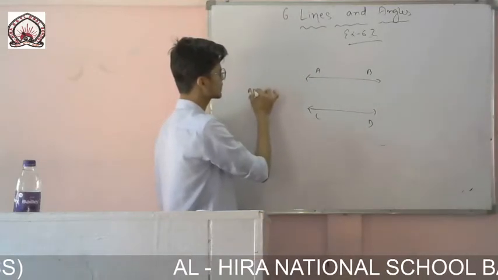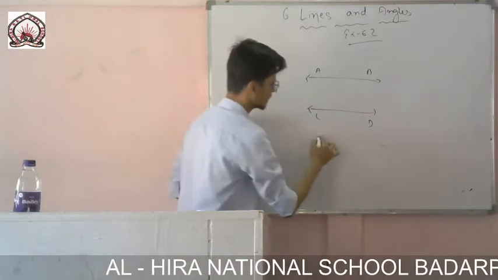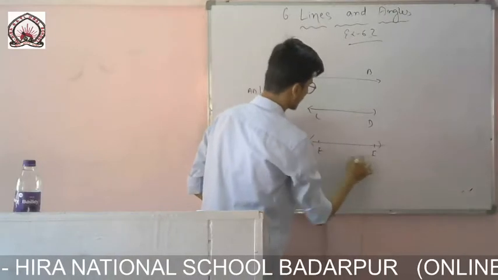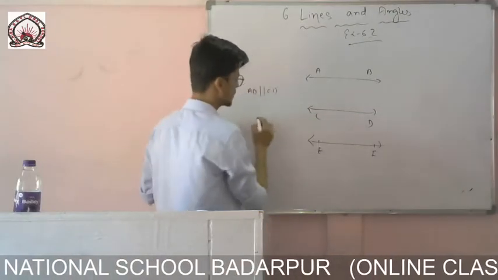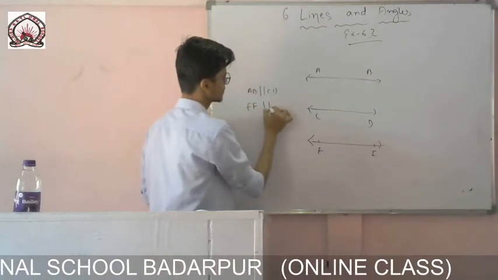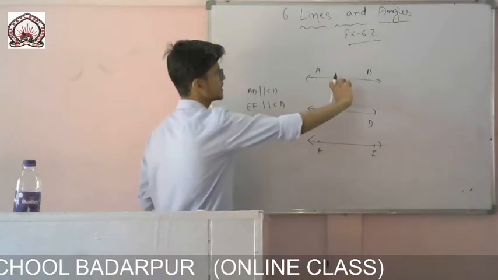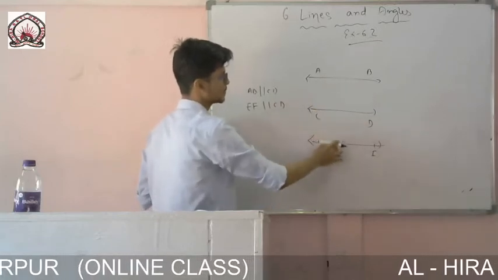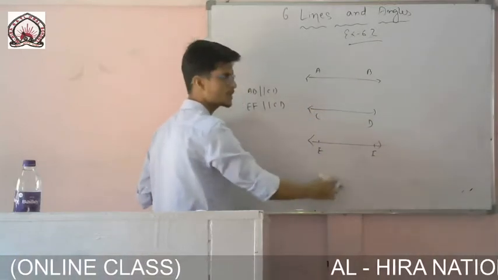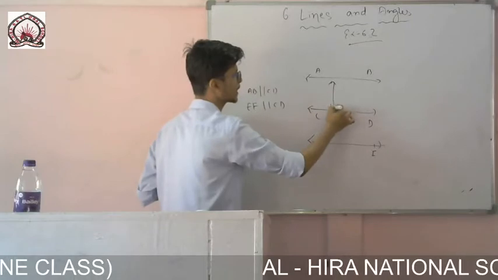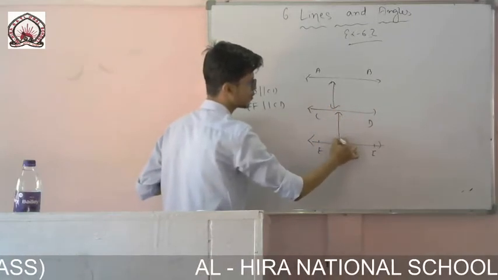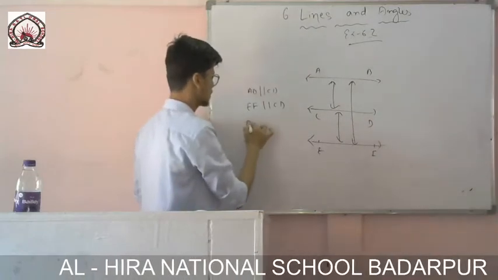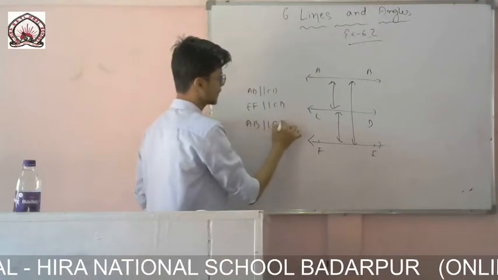And if I draw another line EF, and it is given that EF is parallel to CD, then these two lines are parallel to one another and these two lines are parallel to one another, which means these two lines will also be parallel to each other. So AB is parallel to EF.